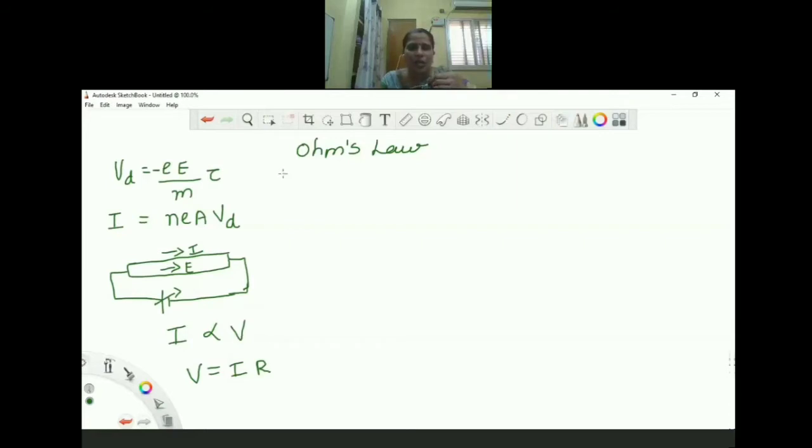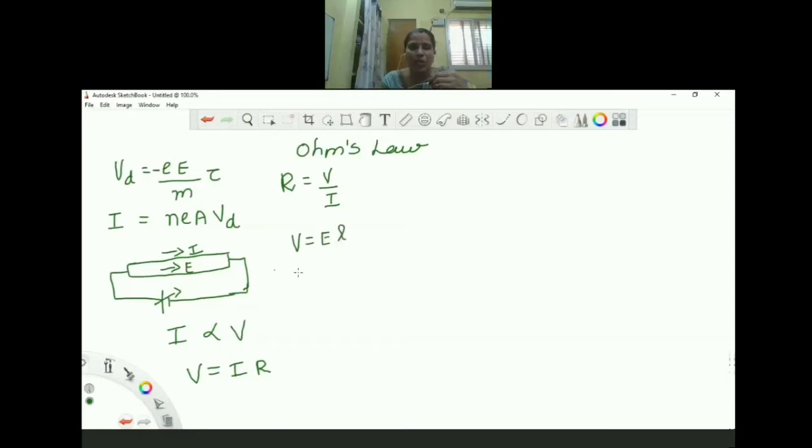So now can we write R as V by I? Yes, R equals V by I. And we already know V in terms of E, that is V equals EL.